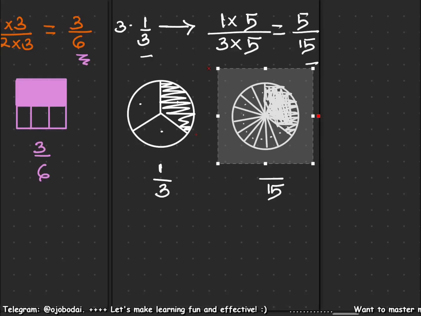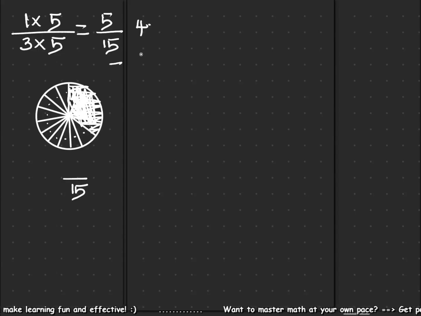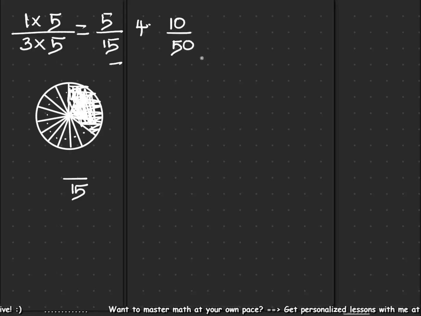Initially, we said that we can get them by both multiplying and then doing what? Dividing. So let's try some of the divisions as well, and then let's see how they also look like. So for this example here, let's take 10 over 50. And we want equivalent fractions of what? These.